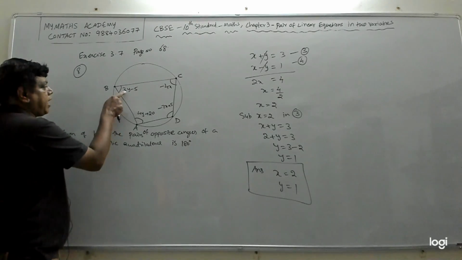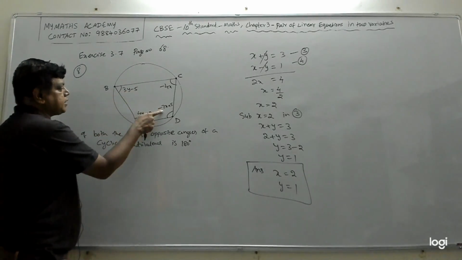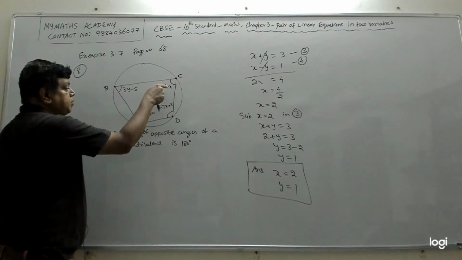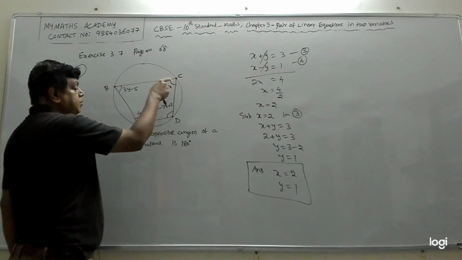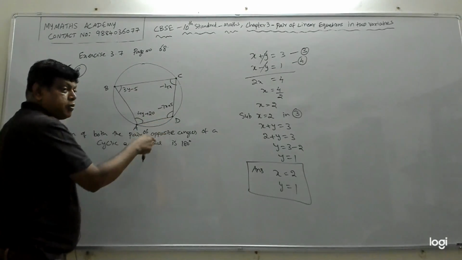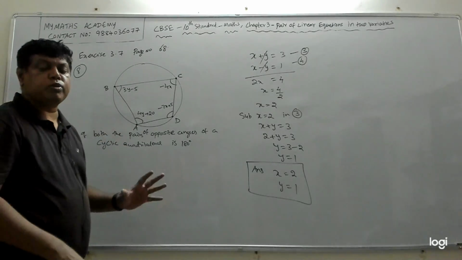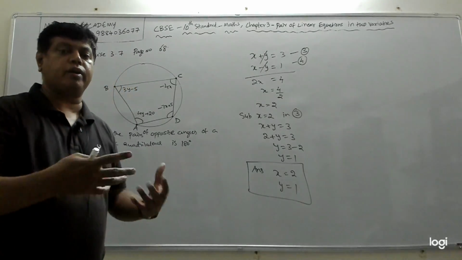Which means if I add the opposite angles, this angle plus this angle will be 180, again A plus C will be 180. Angle A plus angle C will be 180, angle B plus angle D will always be 180 degrees, or the opposite angles of a cyclic quadrilateral are supplementary.